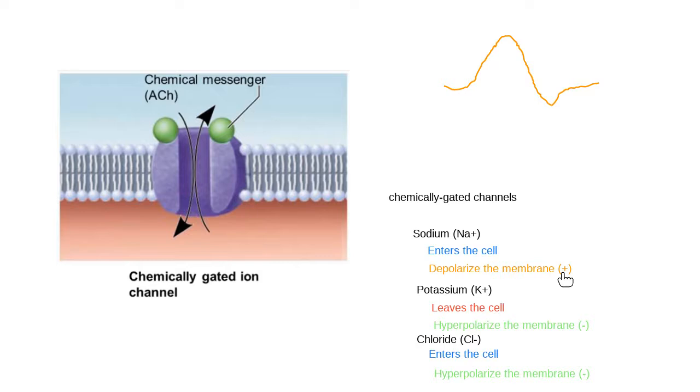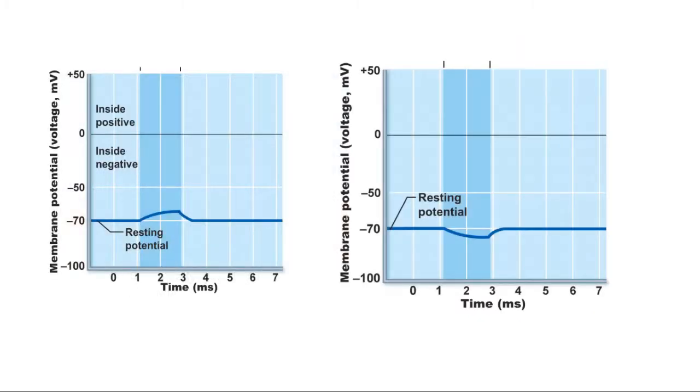Does it make it more positive or does it make it more negative? These are things we must know because when we're looking at what happens to a neuron's charge, there are two things that can happen when a chemically gated ion channel is opened. Either it is going to make my membrane charge go up, or it's going to make my membrane charge go down.